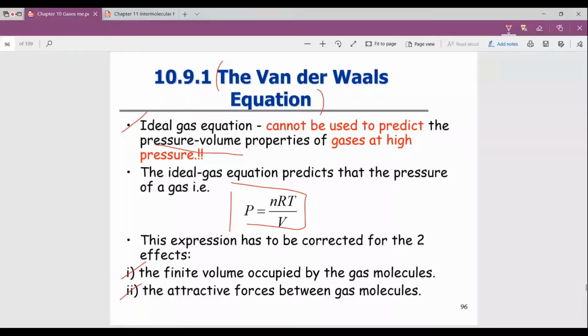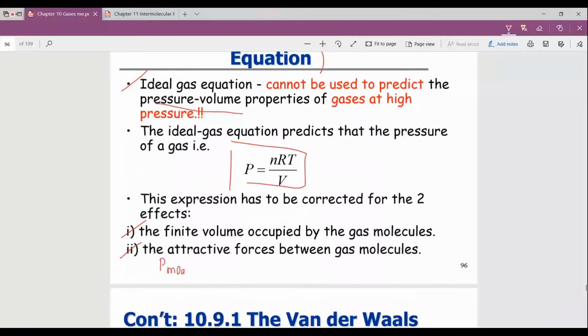So we have P measured plus n squared a over V squared measured, this is the correction factor, times V measured minus nb, the volume correction factor, equal to nRT.